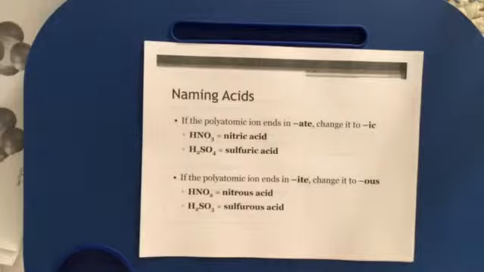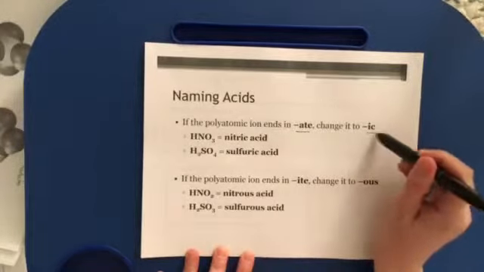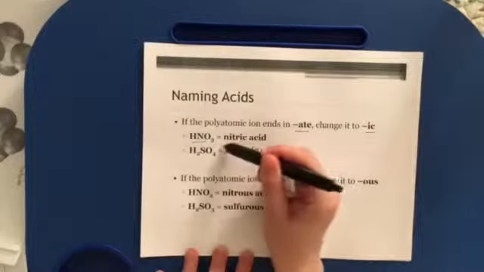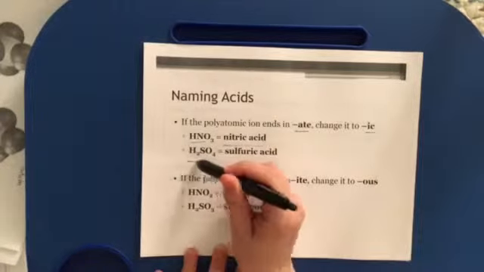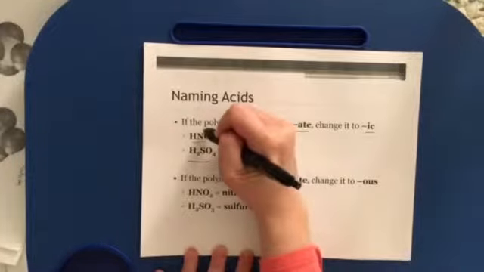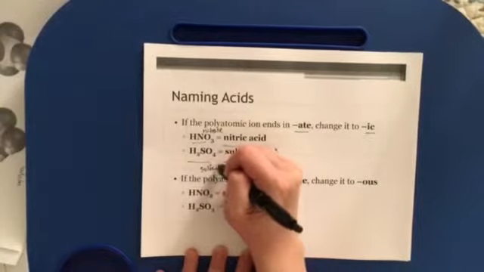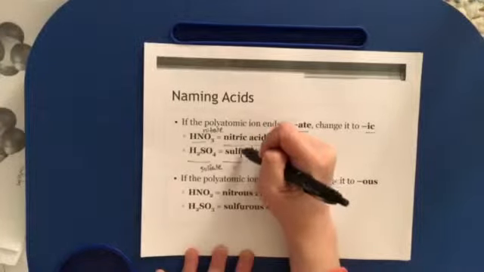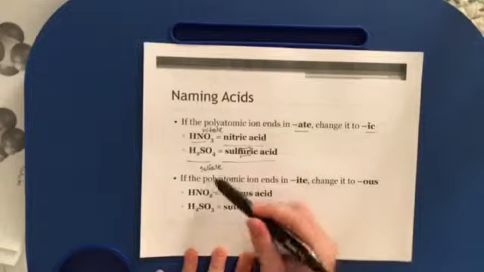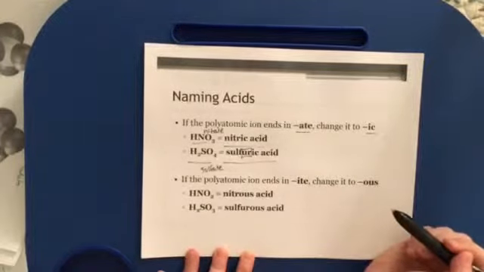The way we name these is if the polyatomic ion ends in ate, change it to ic. So HNO3 would be nitric acid, H2SO4 would be sulfuric acid, because this is nitrate, this is sulfate. Notice that they add the ur back in to make it sulfate, so that's just a weird thing that they do.